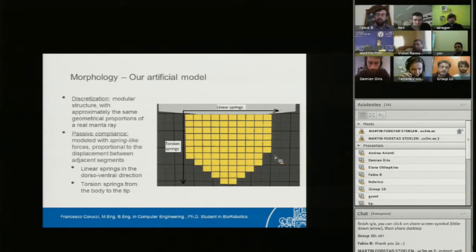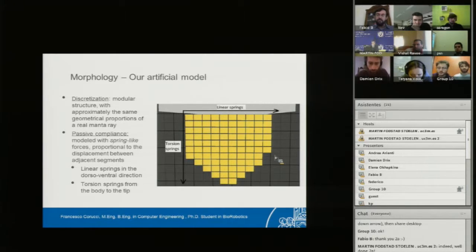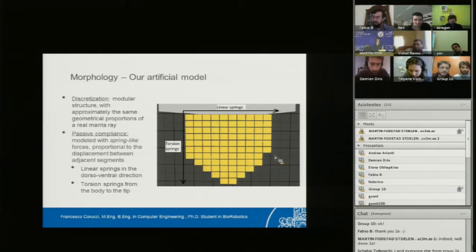So we said something about the biological model. This is our artificial model. We discretized the fin of the manta with a modular structure, so this is a kind of modular robot, and we tried to preserve the same geometrical proportions of the real manta ray. In order to implement the passive compliance, we modeled the interaction between segments with spring-like forces.